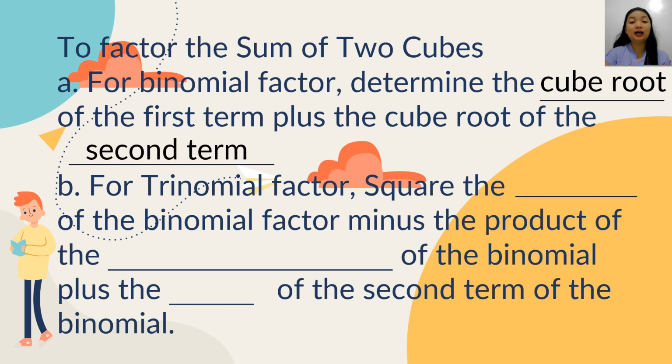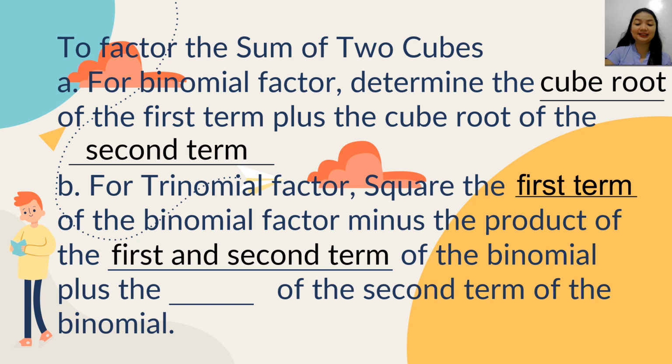And then for our trinomial factor, square the first term of the binomial factor minus the product of the first and second term of the binomial plus the square of the second term.